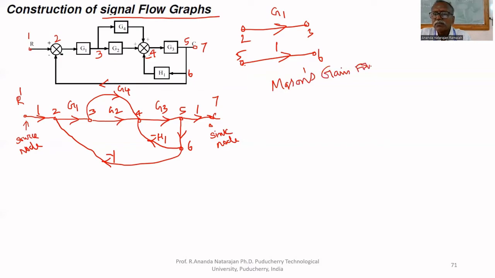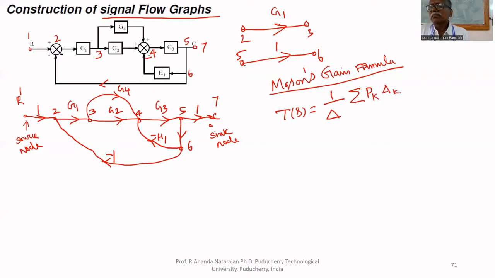The transfer function T(s) equals 1 upon delta, sigma Pk delta k. That is the formula: the sum of Pk delta k, times 1 upon delta.